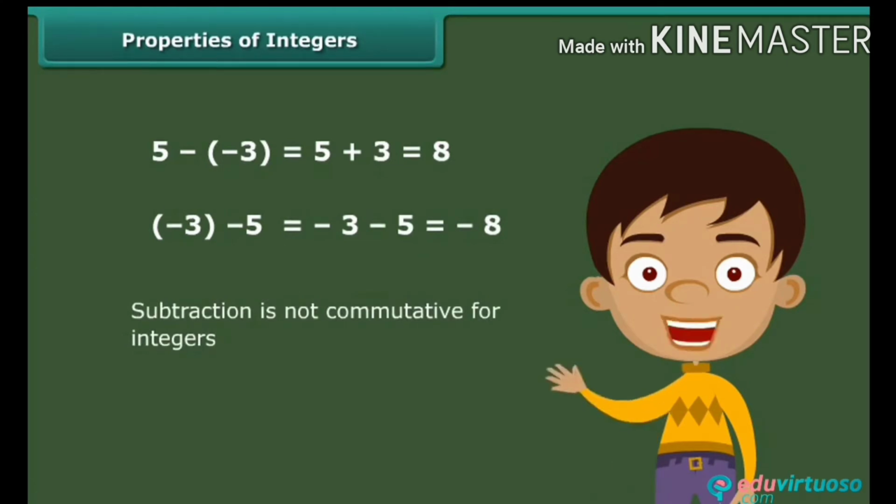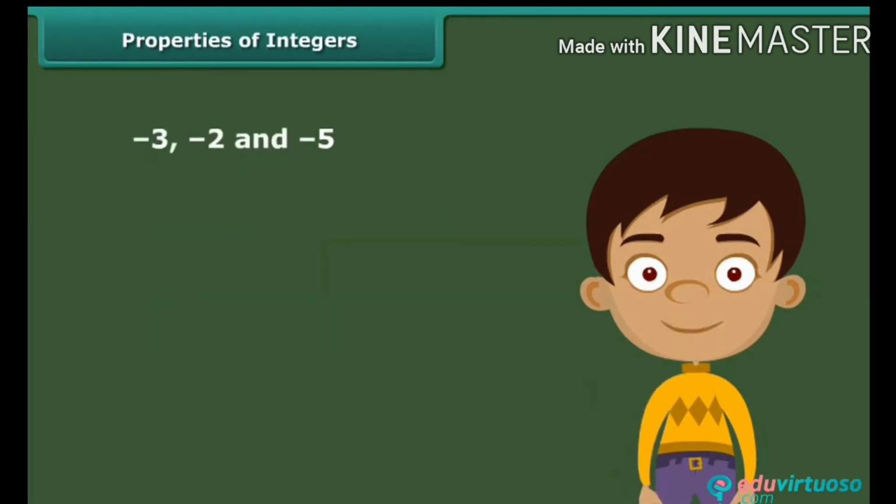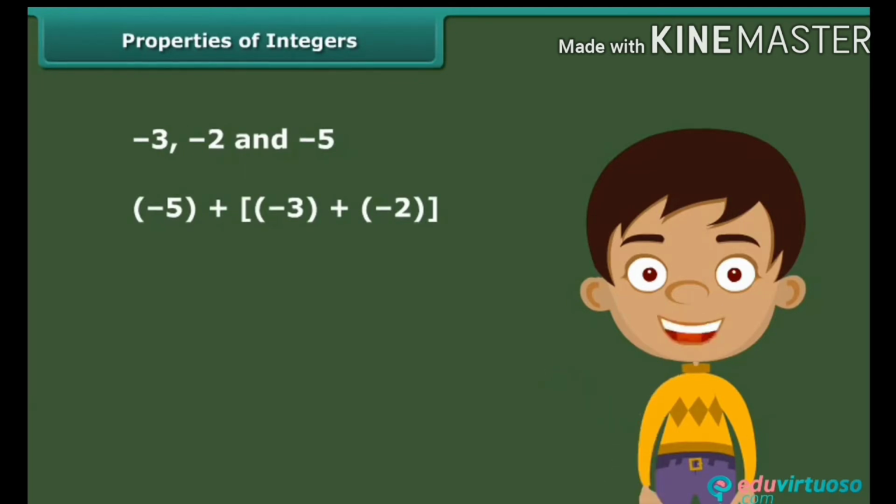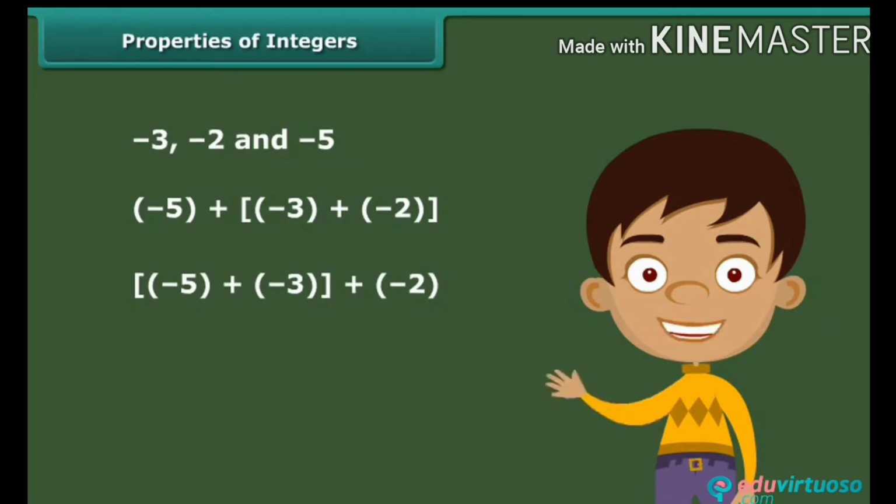Now observe the following examples. We will take the integers -3, -2 and -5. Look at -5 + (-3 + -2) and (-5 + -3) + -2.